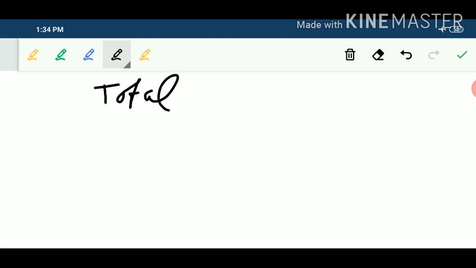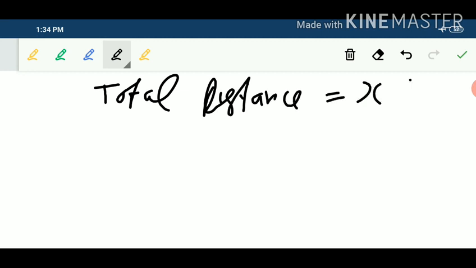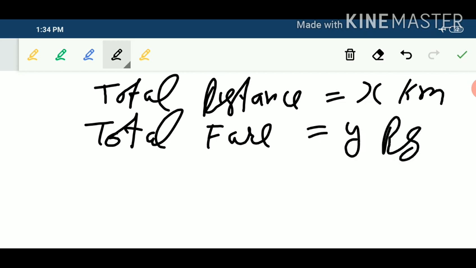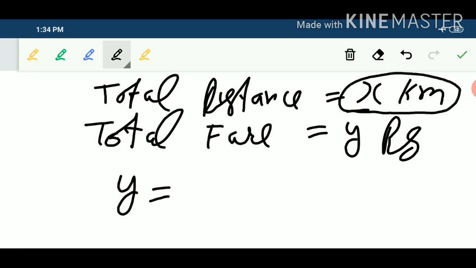Total distance is given, that is x kilometers, and total fare is given, that is y rupees. So total fare y rupees is equal to the charges per kilometer multiplied by the total distance, that is, how much distance the taxi covered and what the charges are for that distance.